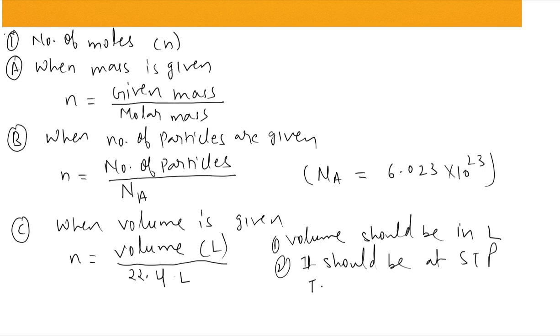That means the data being provided to you should be at 273 Kelvin temperature and 1 atmospheric pressure. Sometimes instead of liter they will write decimeter cube, so the two are the same thing. But if it is given in centimeter cube or in ml, then you have to convert into liter. So these are the three formulas that you can use to calculate the number of moles.